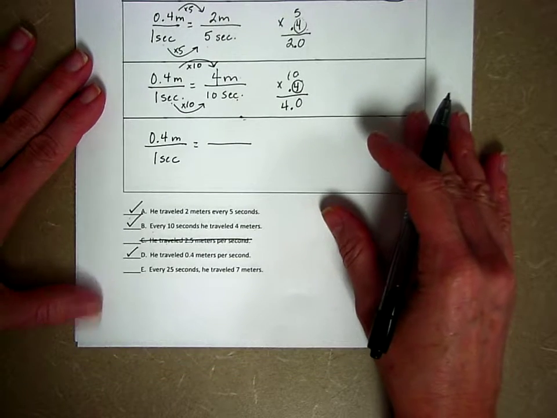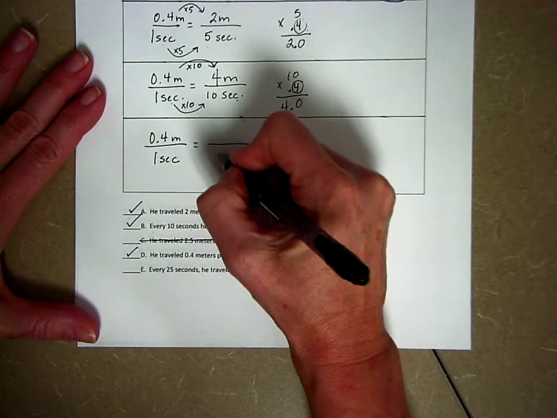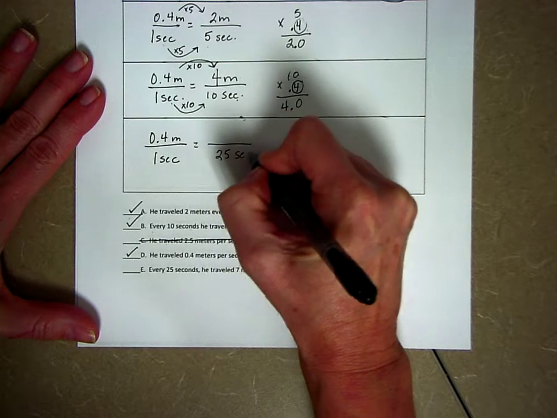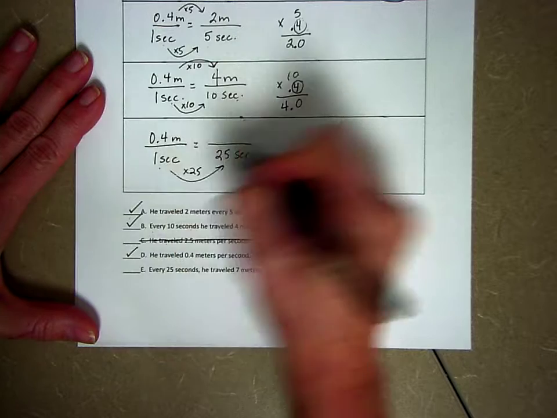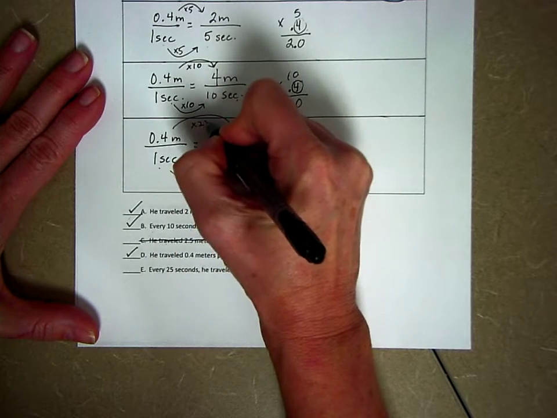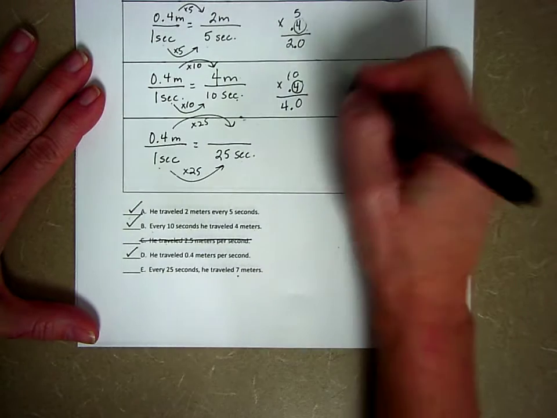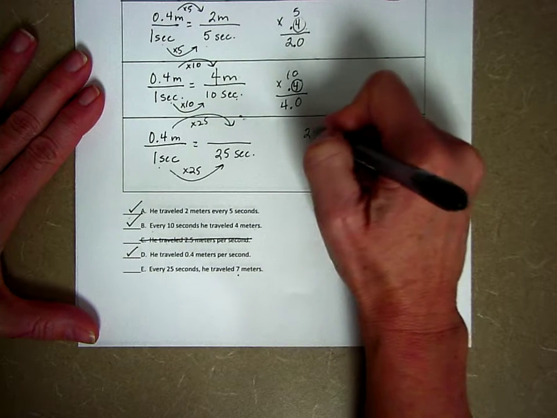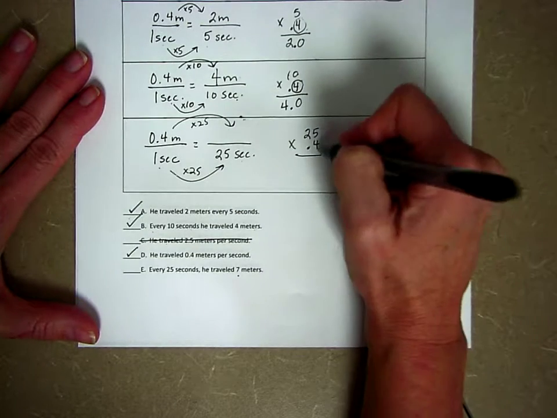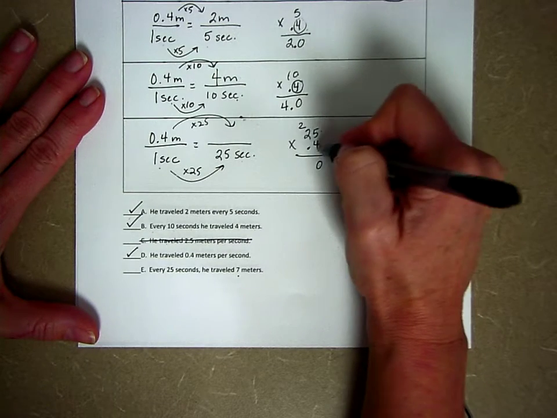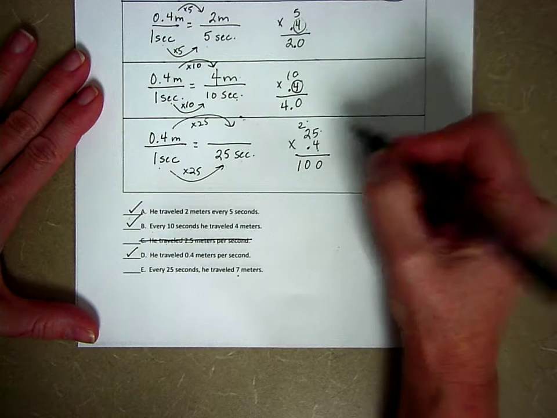So every 25 seconds he traveled 7 meters. So let's try 25 seconds. Well, what did I do to 1 to get 25? I multiplied by 25. So now I have to multiply 25 here and see if it is 7 meters. Okay, so 25 times 0.4, 4 times 5 is 20, 4 times 2 is 8, plus 2 is 10.